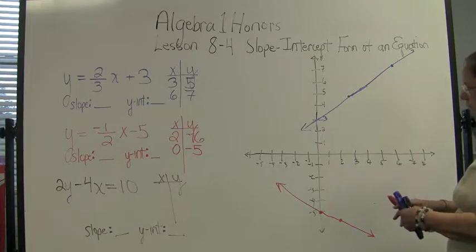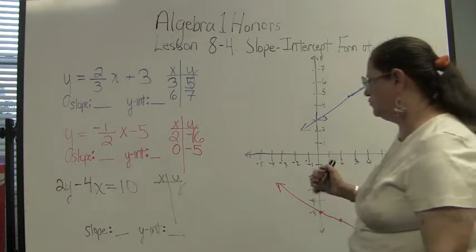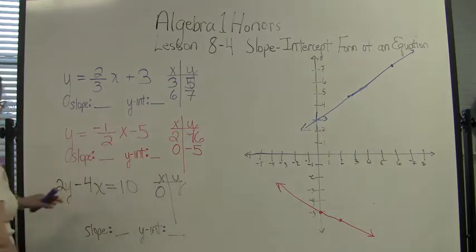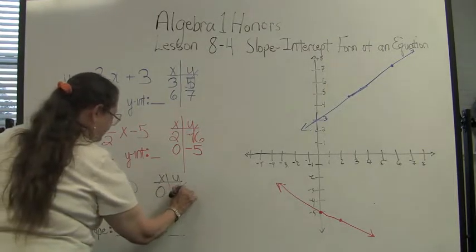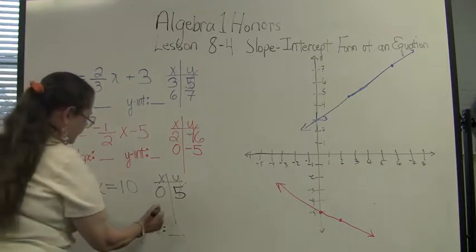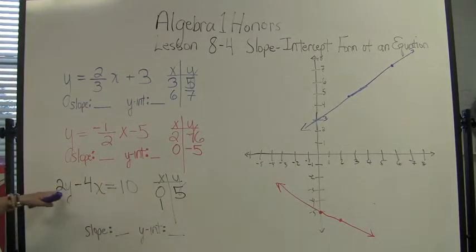Now, let's do our last one, our black line there. So if I choose a 0 for x, that means 2y minus 0, so 2y has got to equal 10. Y is going to be 5. And if I choose a 1 for x, that means something minus 4 has to be 10.